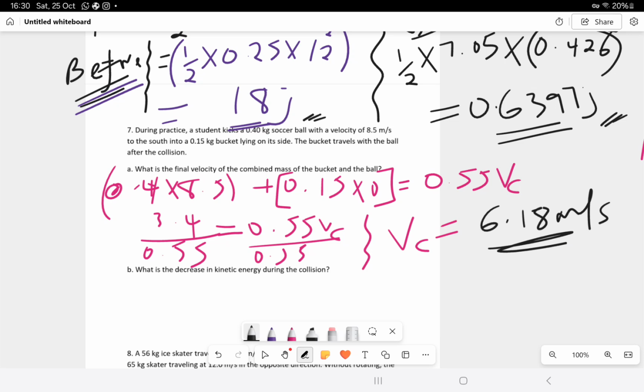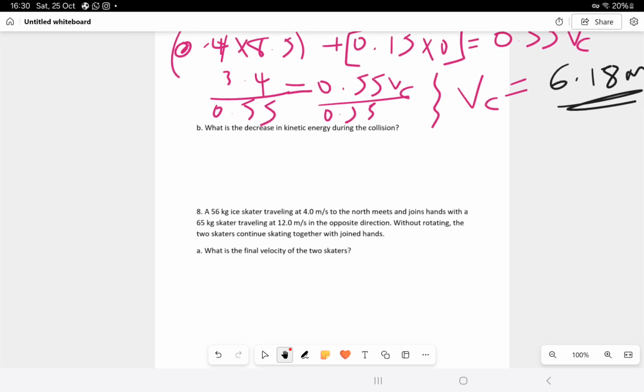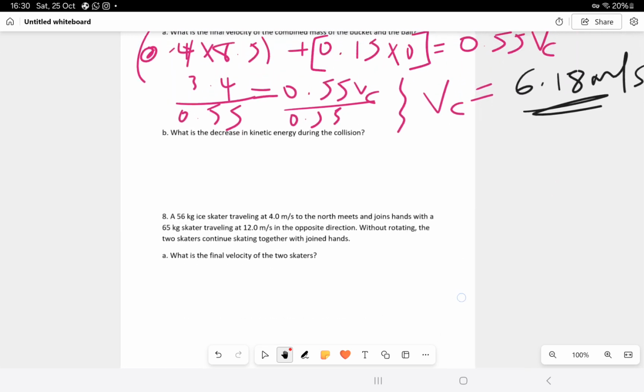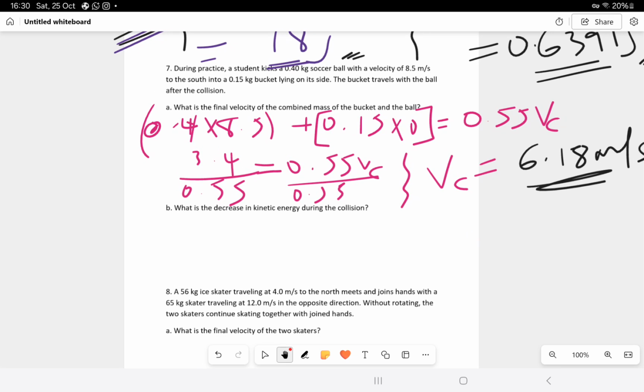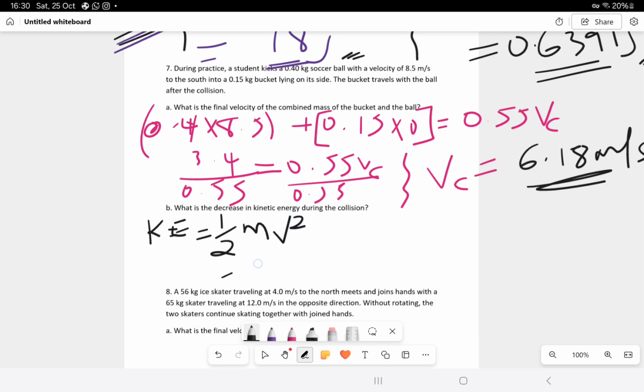Again, the decrease in kinetic energy, the same thing. Just calculate the kinetic energy before and after. Kinetic energy again is given by KE is a half mv squared.